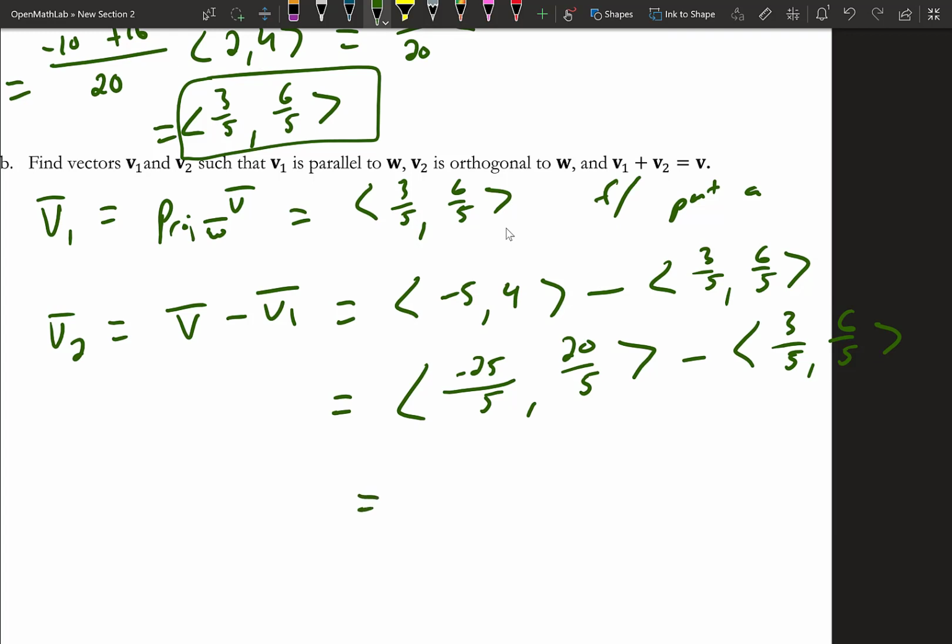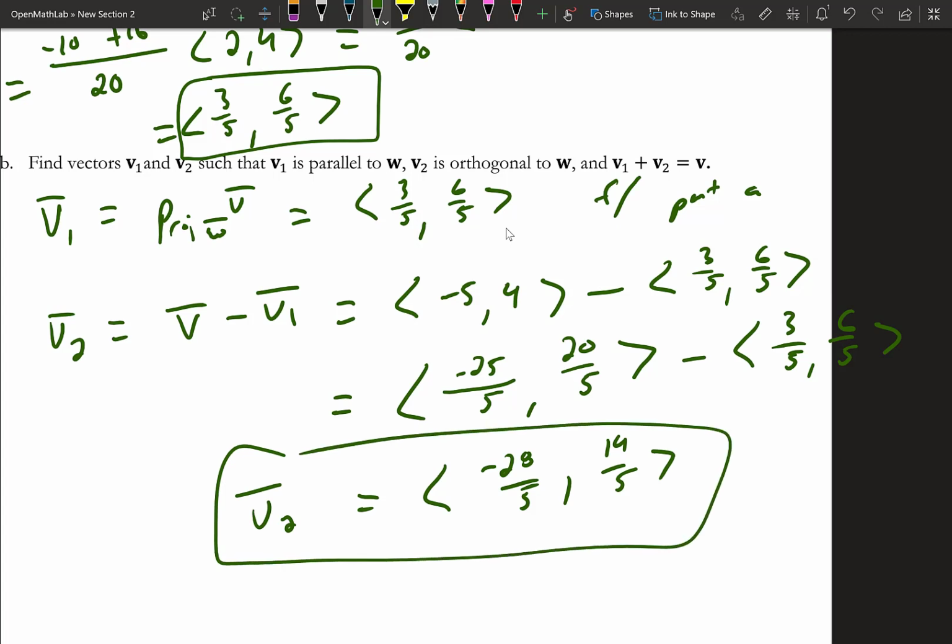So this would be equivalent to -28/5, because we take -25/5 minus 3/5, and then comma, and 20/5 minus 6/5 is 14/5. So this is vector v2, and there's vector v1. So we found both of those.